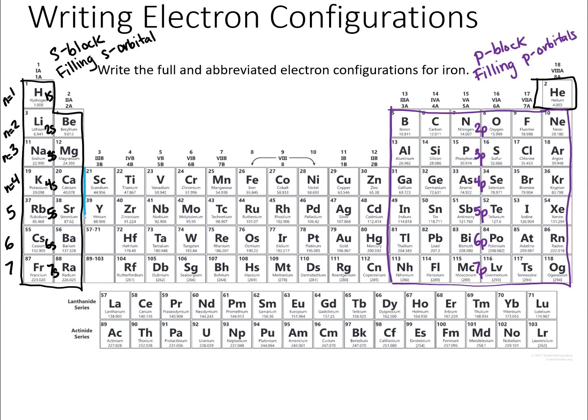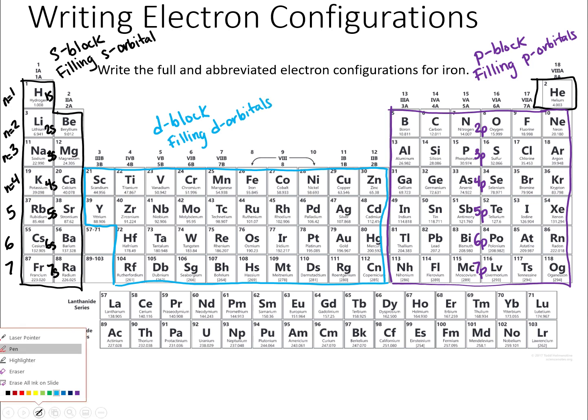Next is the D block. These are all of the transition elements. And they're filling D orbitals. Last but not least, we've got the F block.